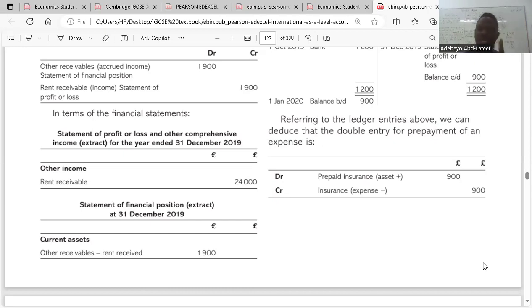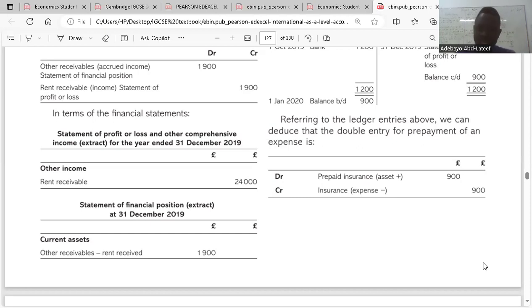For accrued income, it means we have rendered services or provided goods to certain customers who have not yet paid us. So the total value will be recorded in our statement of profit or loss, and the difference will be recorded in our statement of financial position as other receivables. That is accrued income.